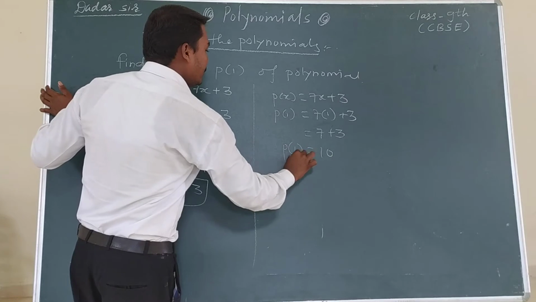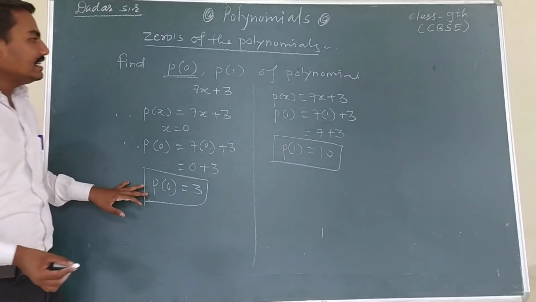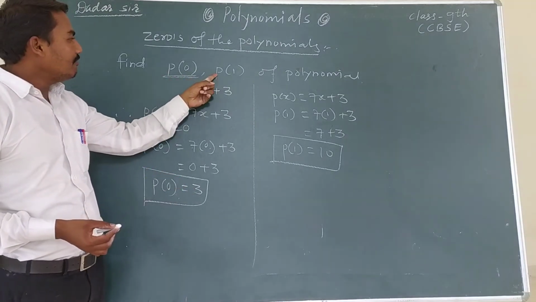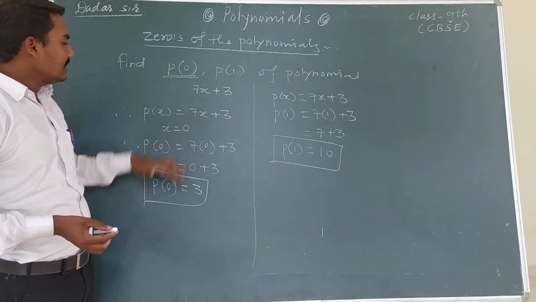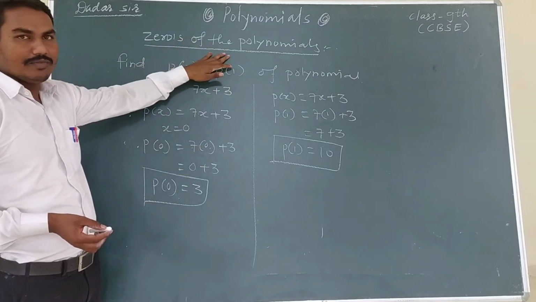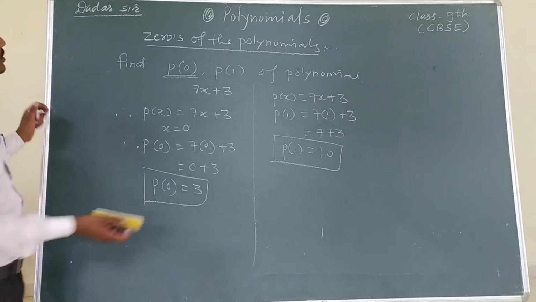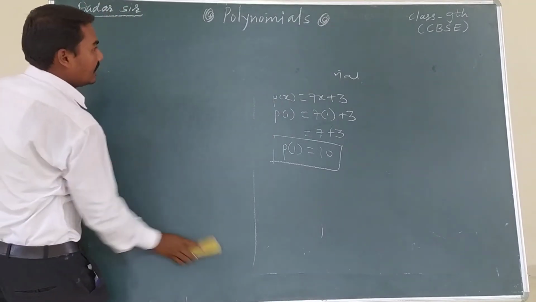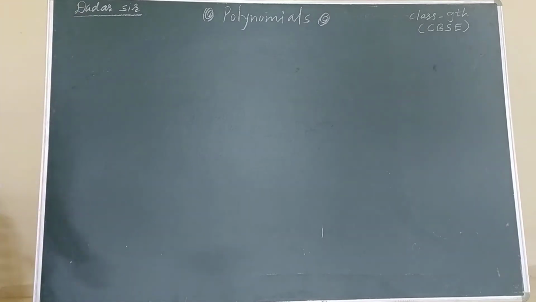So P of 1 is 10. Like that, you should be able to find the value of P of 1, P of 0, P of 2, P of minus 1. Okay? This comes under the zeros of the polynomial. Understood? These are the very basic points under the polynomial. Now we have to see the next point under the polynomial.